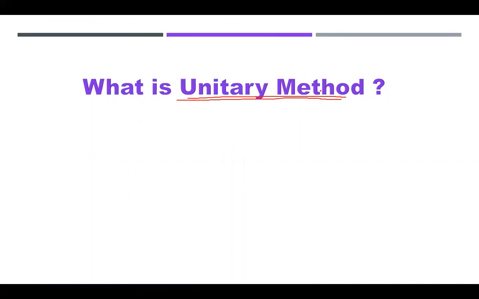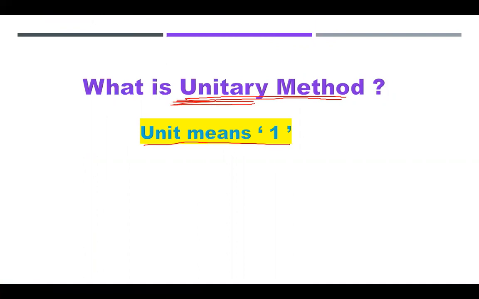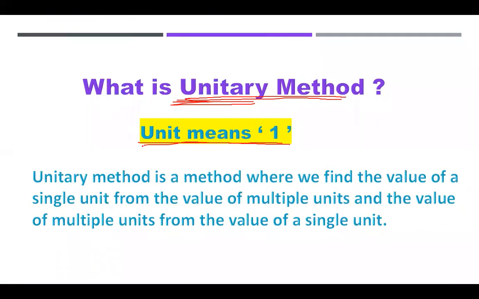So basically we need to understand what is the meaning of unit. Here the unit means one. From the word unitary, the word unit stands for one. The definition of the unitary method is: a method where we find the value of a single unit from the value of multiple units.